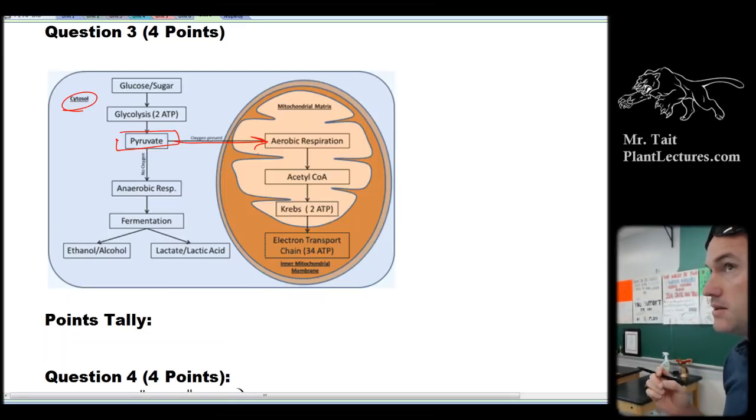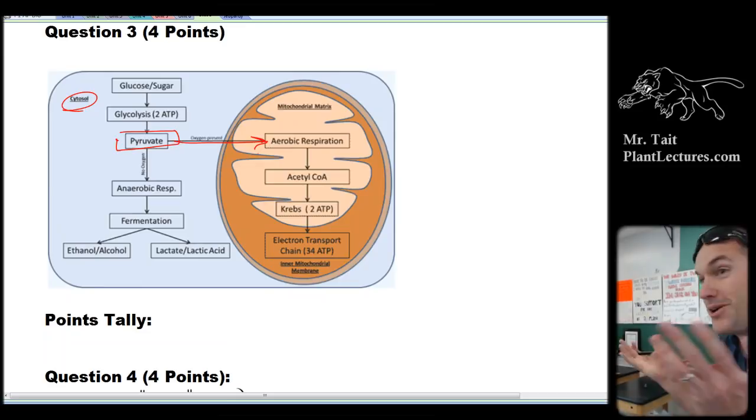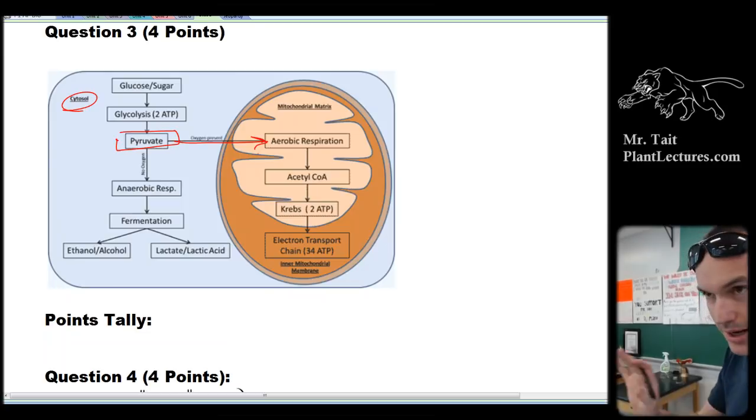Because they didn't say anything about this being a eukaryote or a prokaryote. And so in a prokaryote, PDC would be active in the cytoplasm, not in the mitochondria, because they don't have mitochondria, right? So I think they need to give points for both cytoplasm and mitochondria. Maybe they will be a stickler and say that it has to be mitochondrial matrix, but hopefully not.